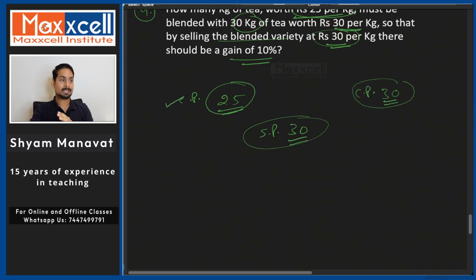If this is cost price, this should be cost price, and then this should also be cost price. If this is selling price, then you can also convert the other two into the selling price. That's also fine, but it has to be in the same form.